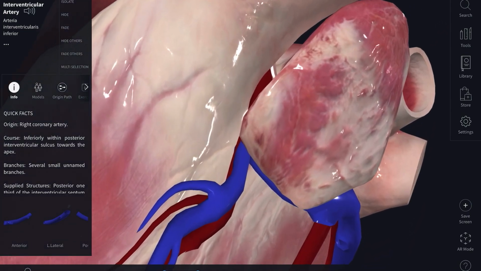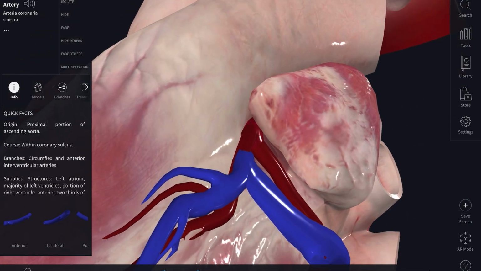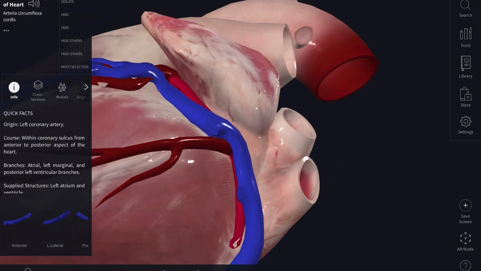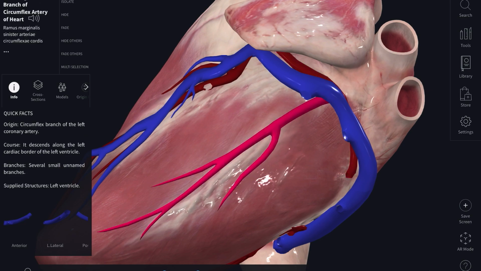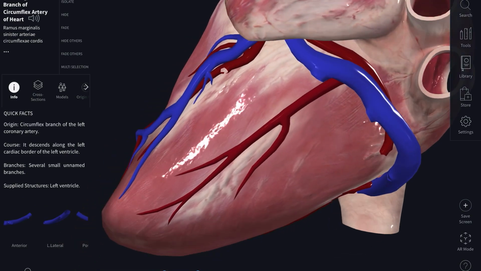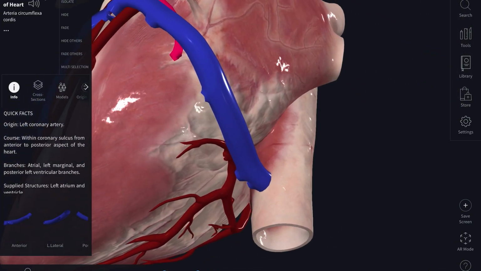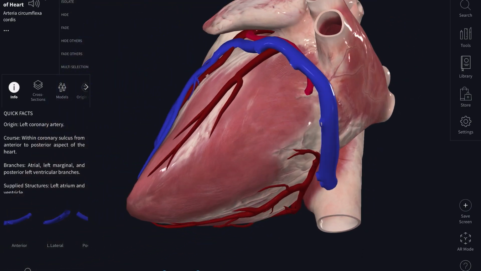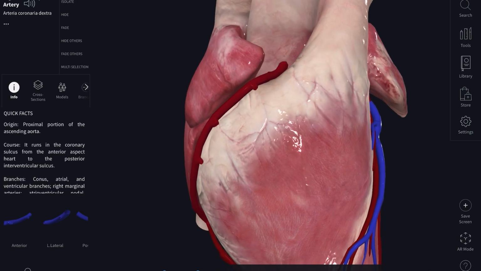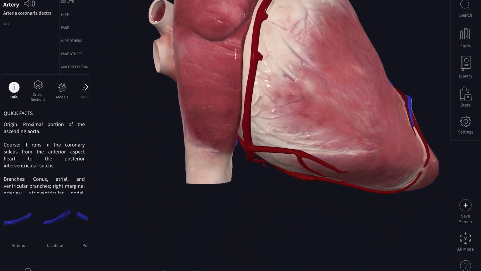But coming back to this left coronary artery, it's going to supply blood to the circumflex artery that wraps around the heart. And we have that left marginal branch artery. That circumflex artery continues. If we rotate back and look at the right coronary artery, you can see it coming right out of the aorta, but then it comes down and back around.